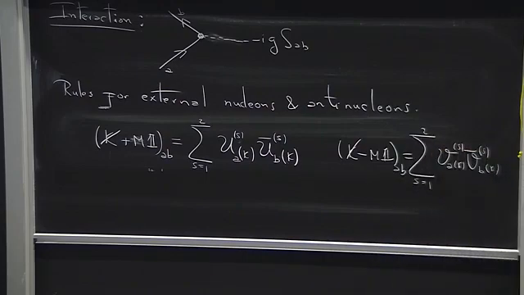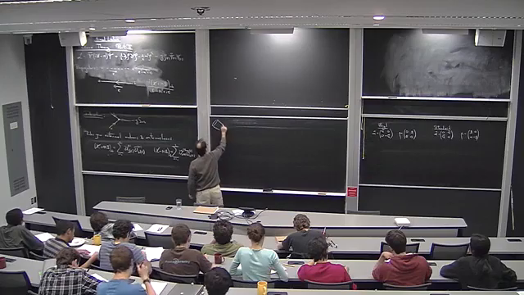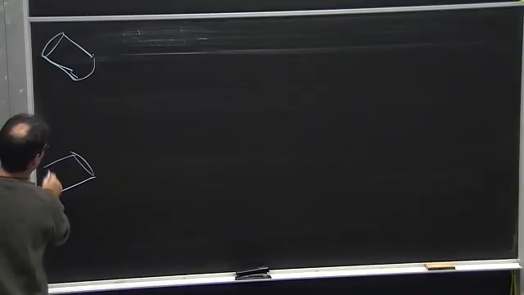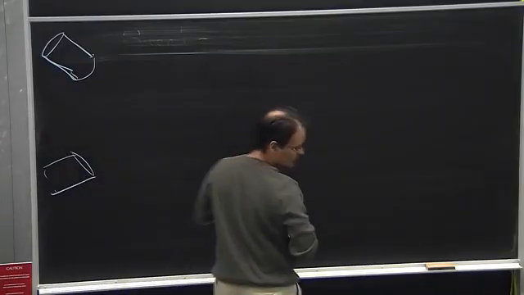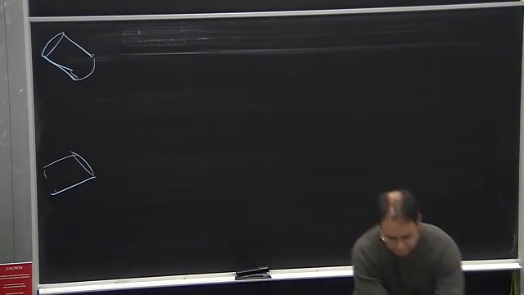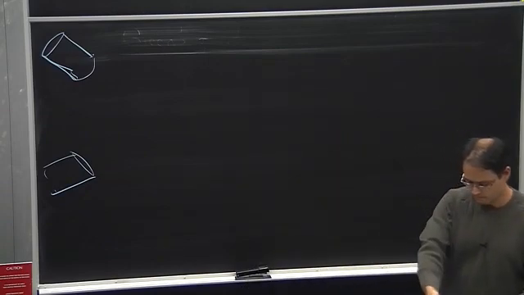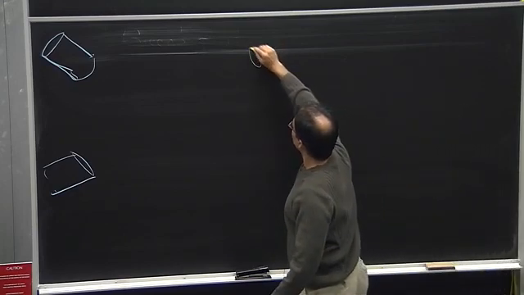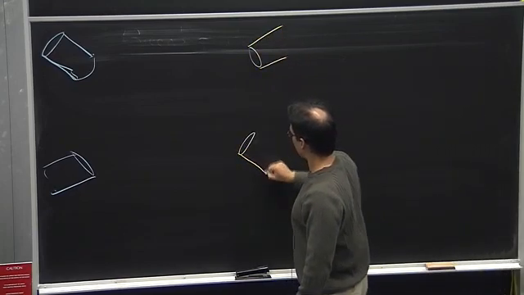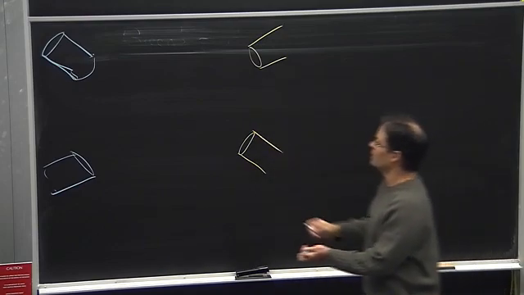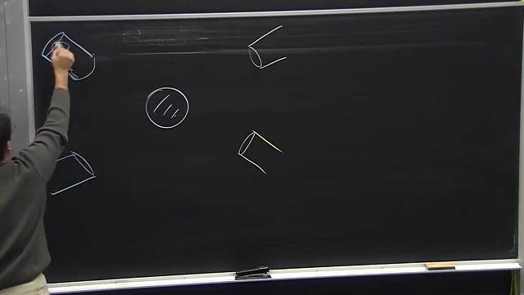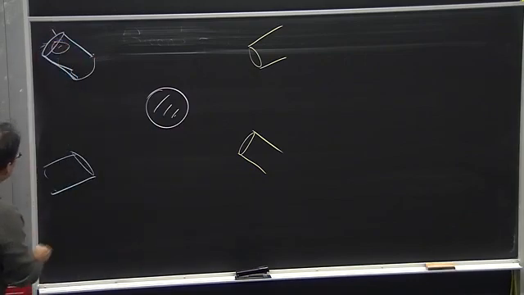Okay. So what we're going to do is our usual experiment where we create particles in our accelerator and we detect them somewhere else after they interact. They are going to interact somewhere here. They are being produced by some scattering process.